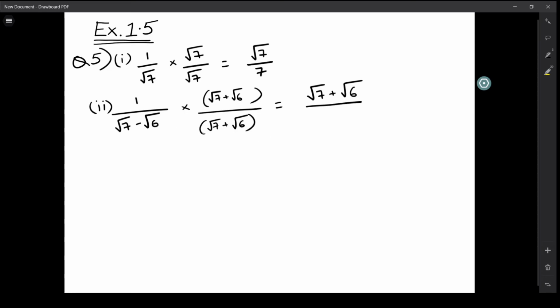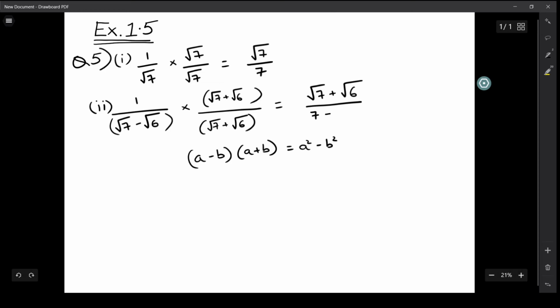In the denominator, however, I will multiply root 7 minus root 6 with root 7 plus root 6, which, if you remember, is nothing but the formula a minus b into a plus b, which gives us a square minus b square. So if we do this in the denominator, it gives us root 7 square, which is 7, minus root 6 square, which is 6, and the denominator becomes 1, and hence my solution becomes root 7 plus root 6. Simple enough.